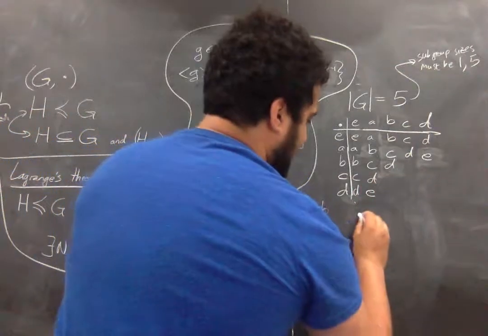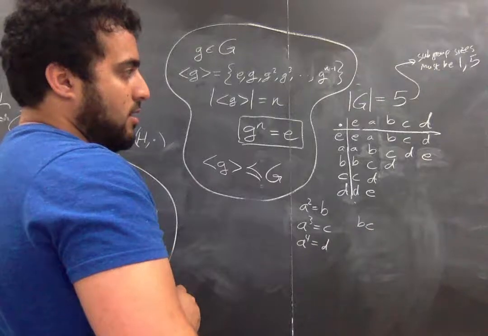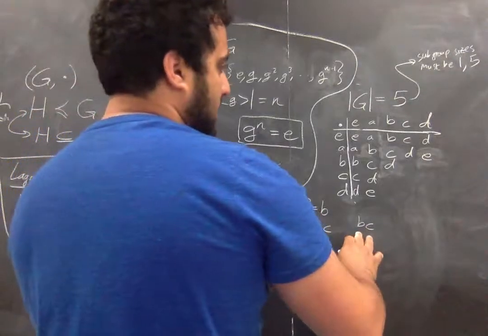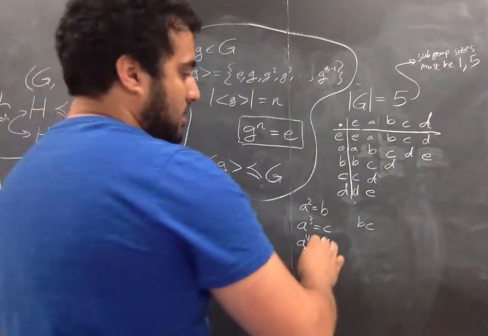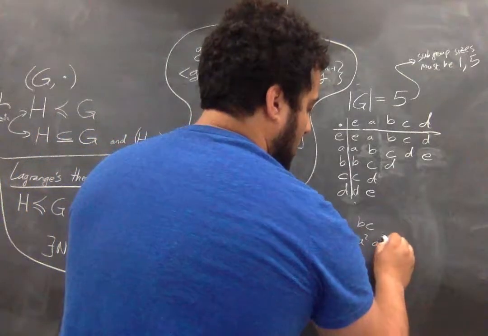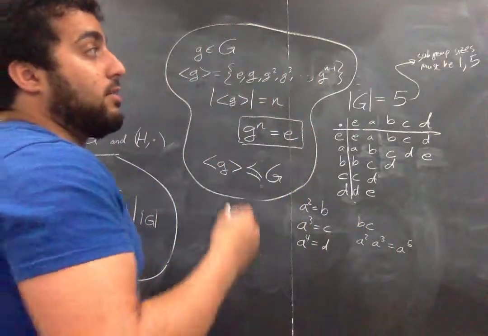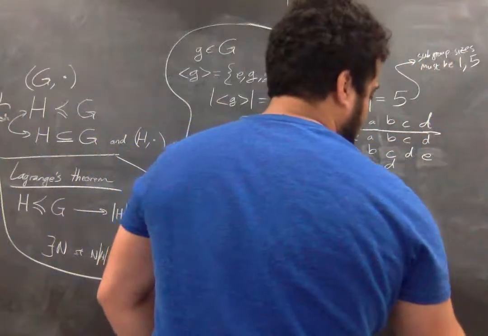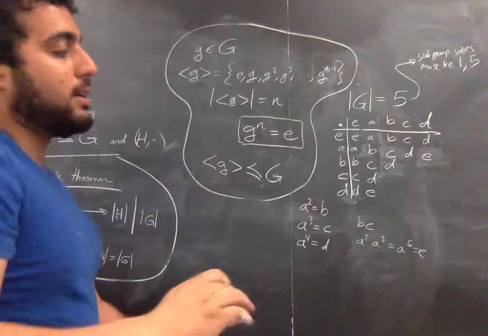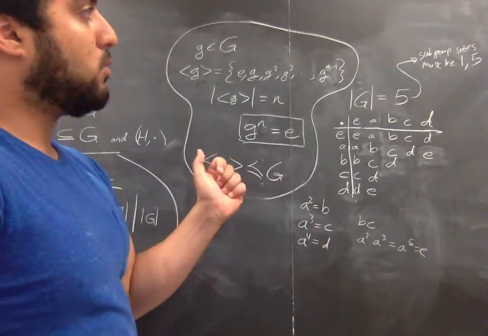What about B times C? Well, B times C is the same thing as A squared times A cubed, which is A to the fifth. Now, A to the fifth has to be E, right? Because every element generates a subgroup.